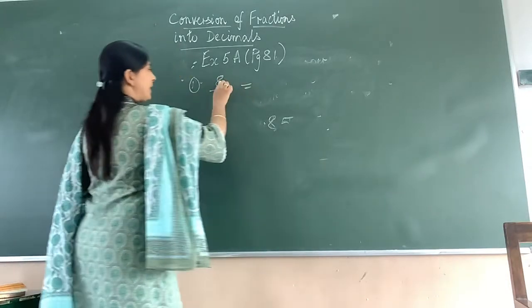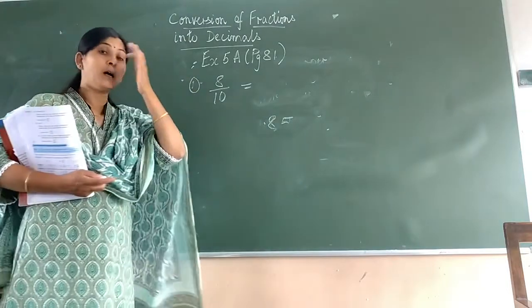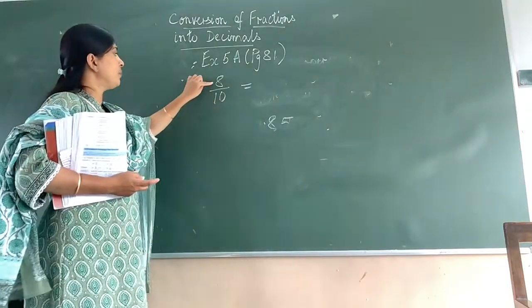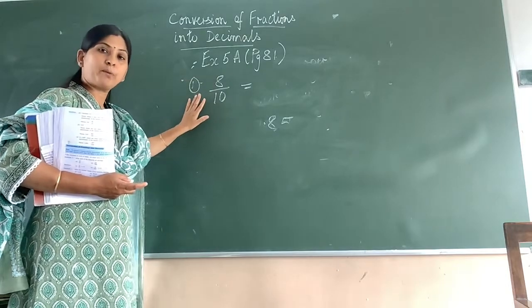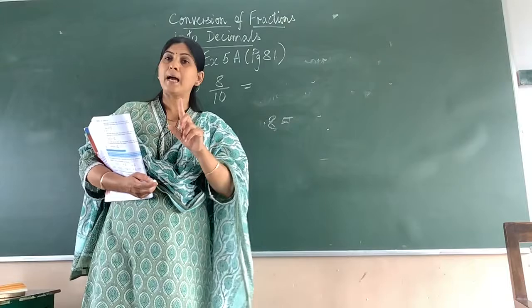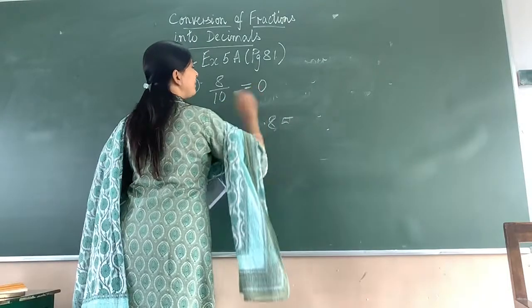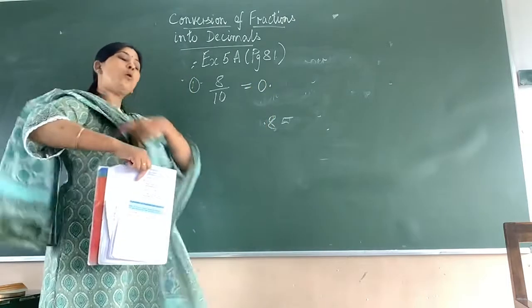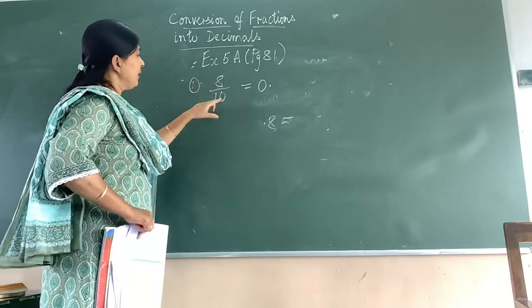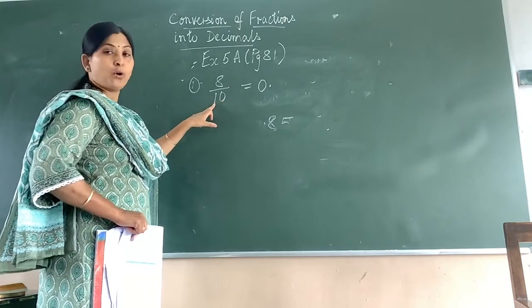Now see, 8/10. Now 8/10, children, it is a proper fraction. Numerator is smaller than the denominator, so it is a proper fraction. Proper fraction means less than 1. Less than 1 means our whole number will be 0. 0 point. Okay, now there is a single 0 that follows 1.